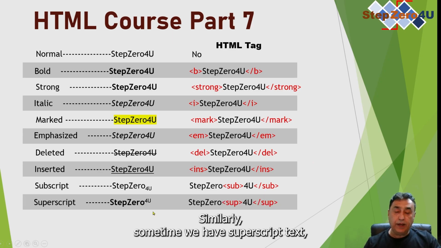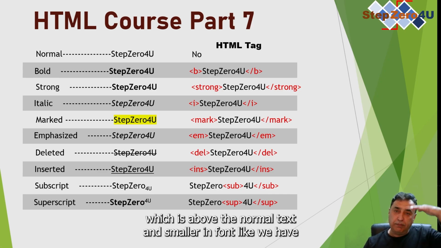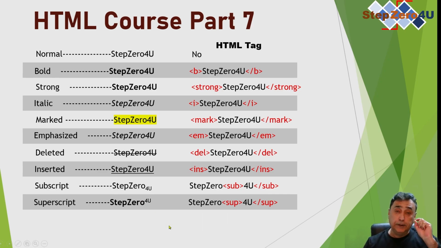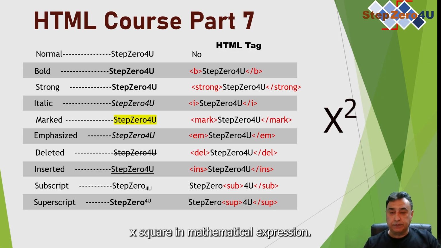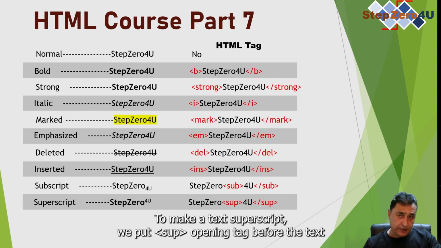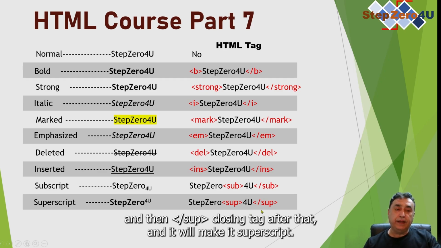Similarly, sometimes we have superscript text, which is above the normal text and smaller in font, like we have x squared in a mathematical expression. So the 2 in x squared is superscript. To make a text superscript, we put the sup opening tag before the text and then the sup closing tag after, and it will make it superscript.